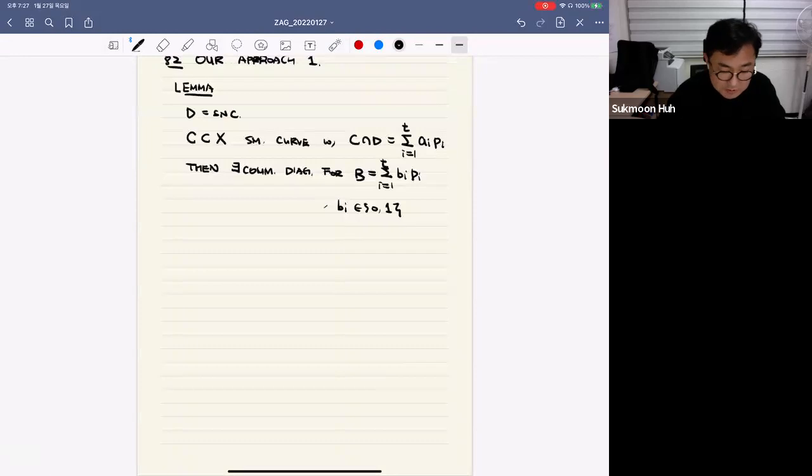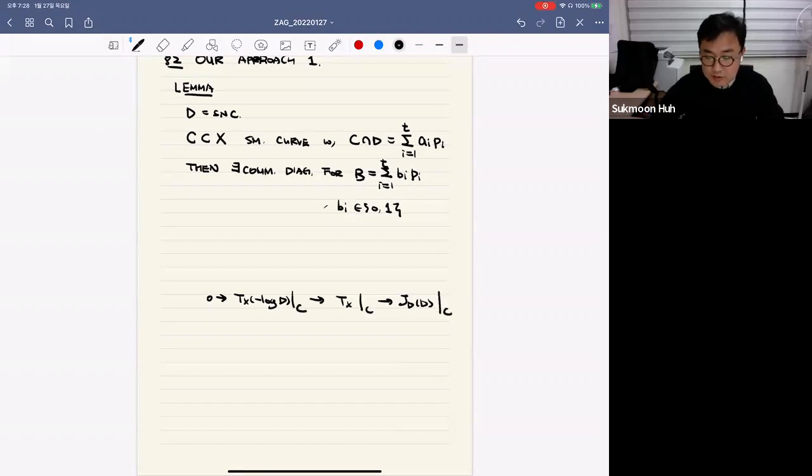The commutative diagram is formed as follows. First, we restrict the Poincare residue sequence to the curve C. So T_X minus log D to T_X, then here we have the Jacobian of D, and then we restrict to C.